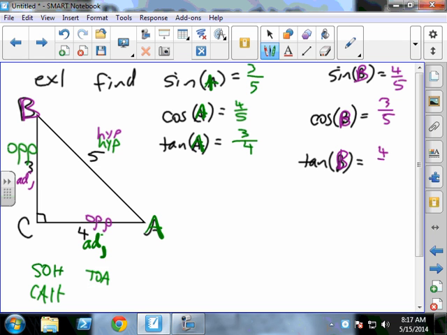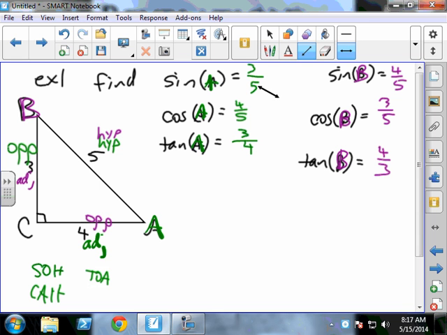Everybody all right so far? Notice again our sine and cosine ratios are less than 1. That's always going to be the case. But our tangent ratio this time is bigger than 1. Sometimes it's smaller than 1, sometimes it's bigger than 1. So the tangent ratio can be bigger than 1. Another interesting thing to notice is these relationships.